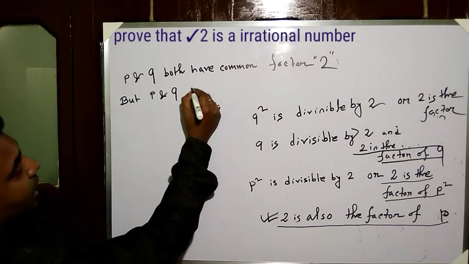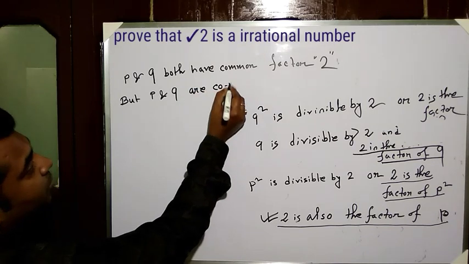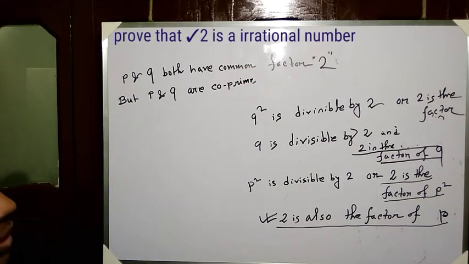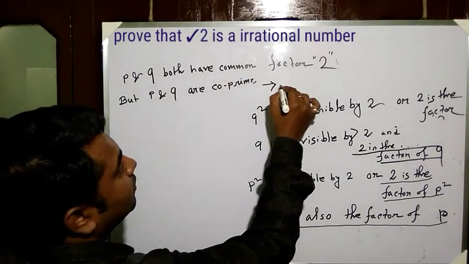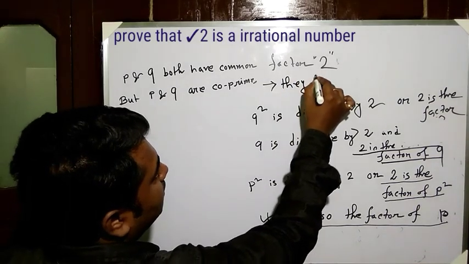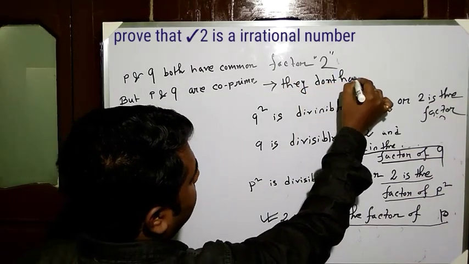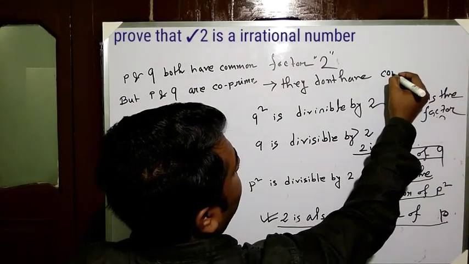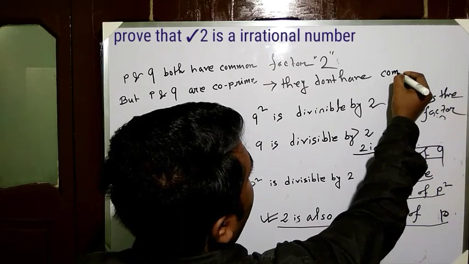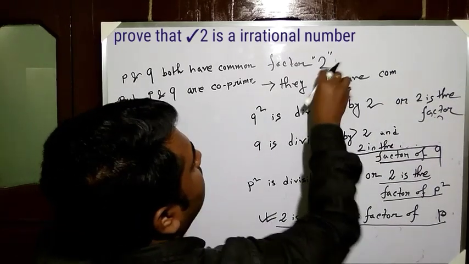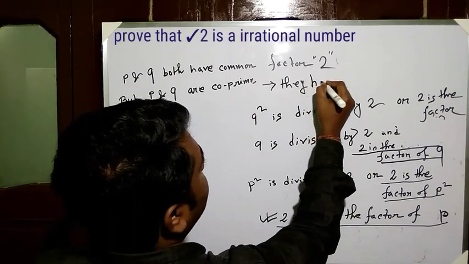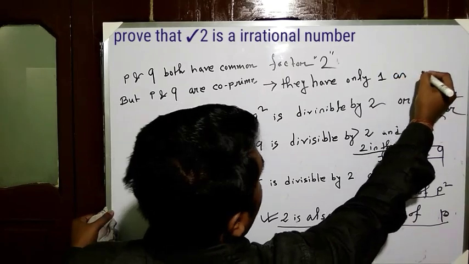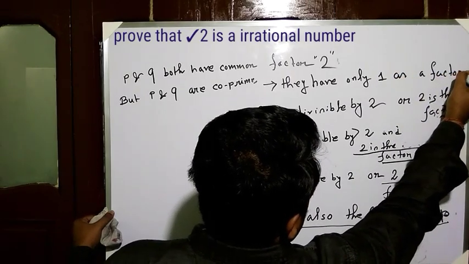But p and q are co-prime, meaning they have only 1 as a factor.